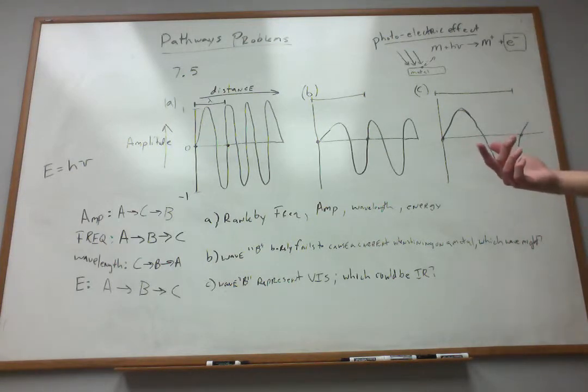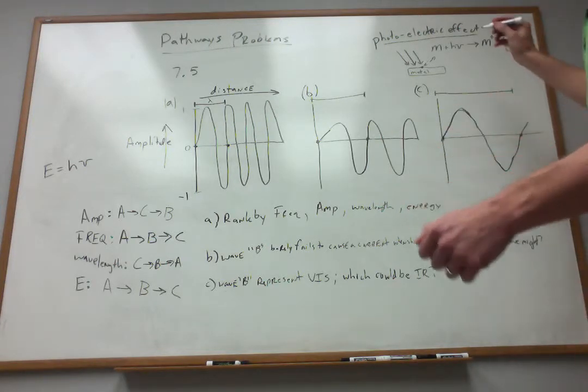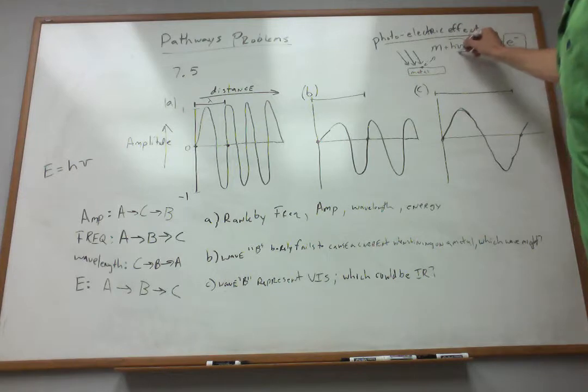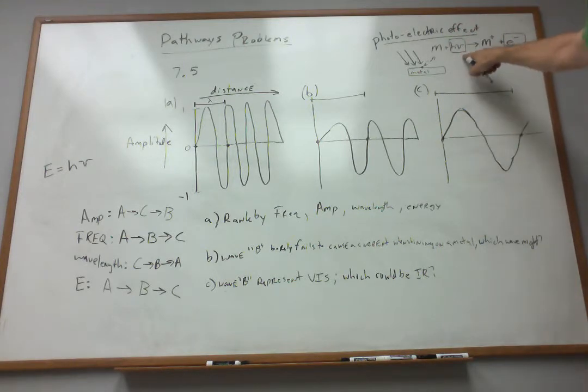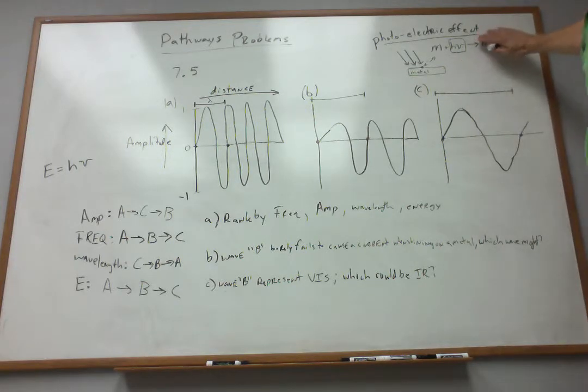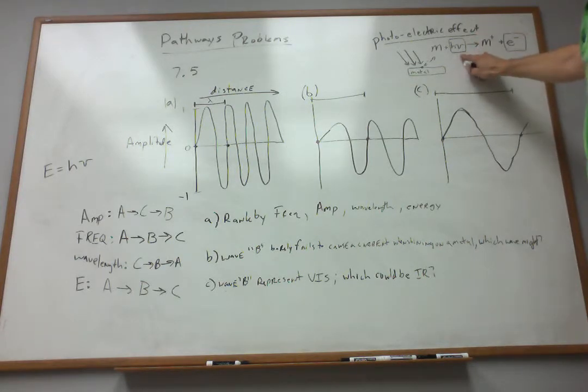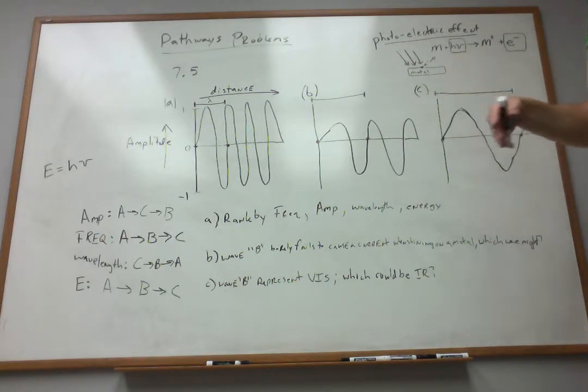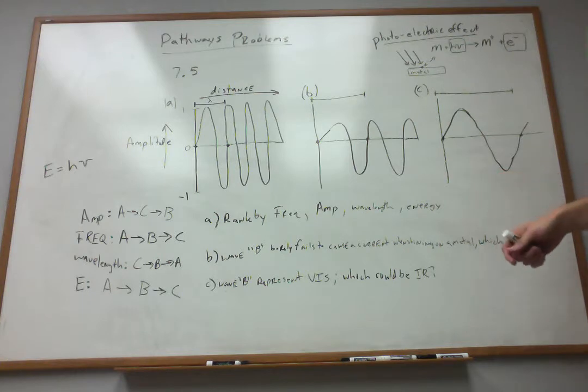But there are some details that we haven't considered yet. It turns out that this h nu, the energy packet, the magnitude of it, or the amount of energy, is very, very important here. If the energy packet is too small, this reaction doesn't proceed. But if the energy packet is large enough to overcome an ionization energy for this metal, then the reaction happens and we get electrons.